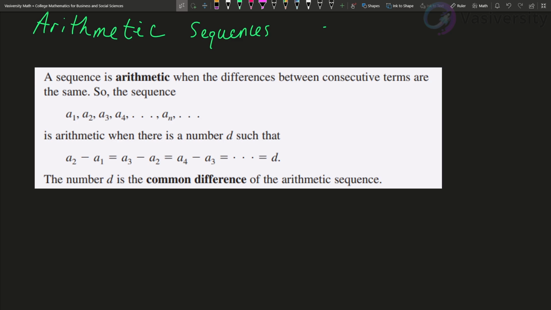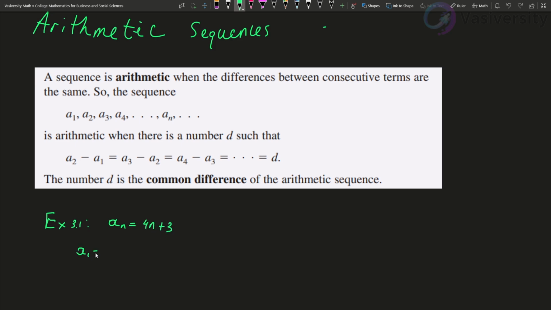Right, and I showed you some of the sequences previously, like 2n minus 1, which all had a constant difference. So essentially, let's take a look at, for example, a sub n is equal to 4n plus 3, right?